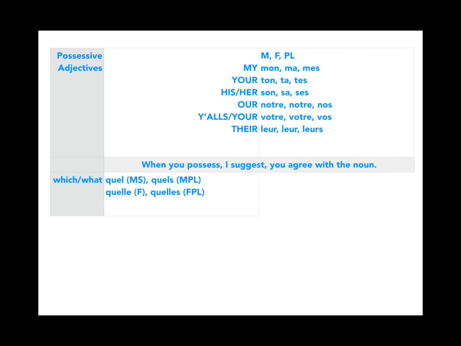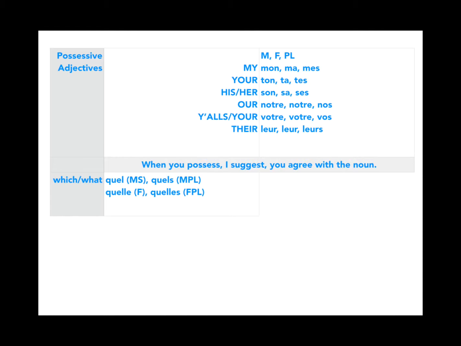Let's review the forms of which or what. Again, the French only have one word for which and what, even though we have 2. Quel, quels, quelle, quelles. They all sound the same, all 4 ways, but they're spelled differently. The top 2 are masculine, the bottom 2 are feminine. The top one is masculine singular, and the second one is masculine plural.